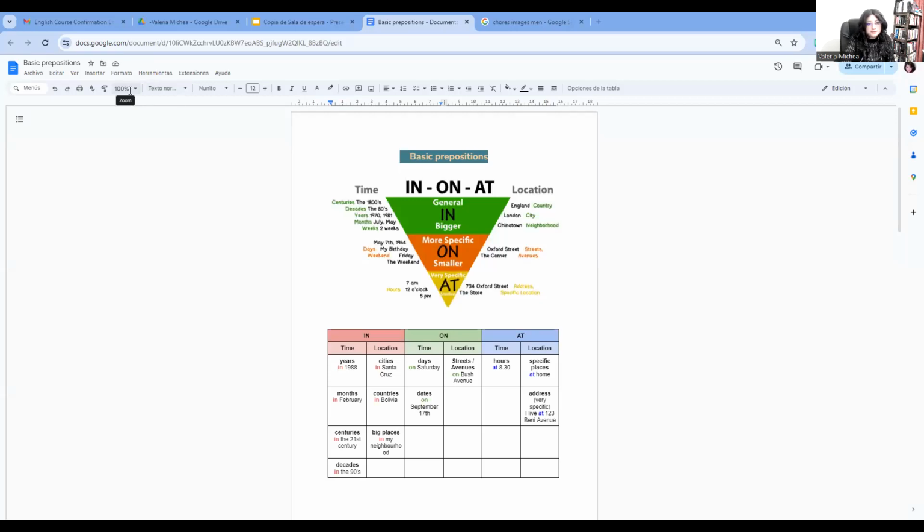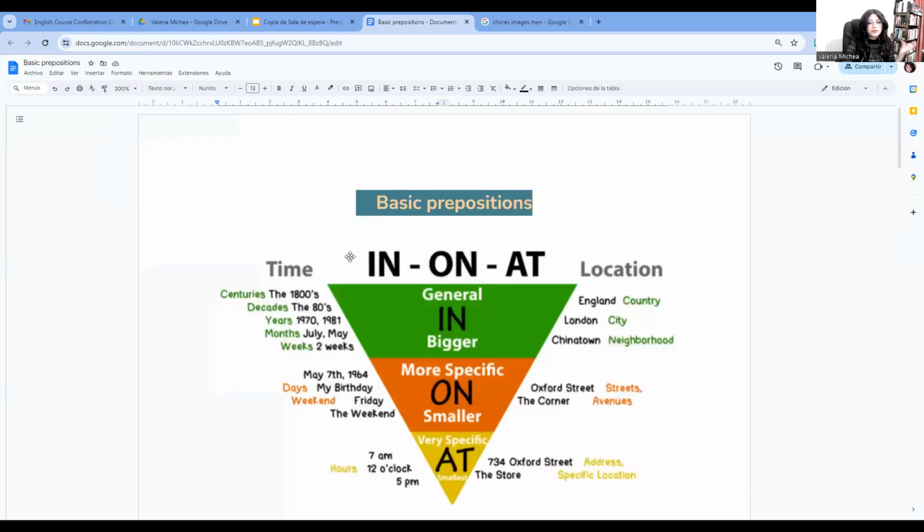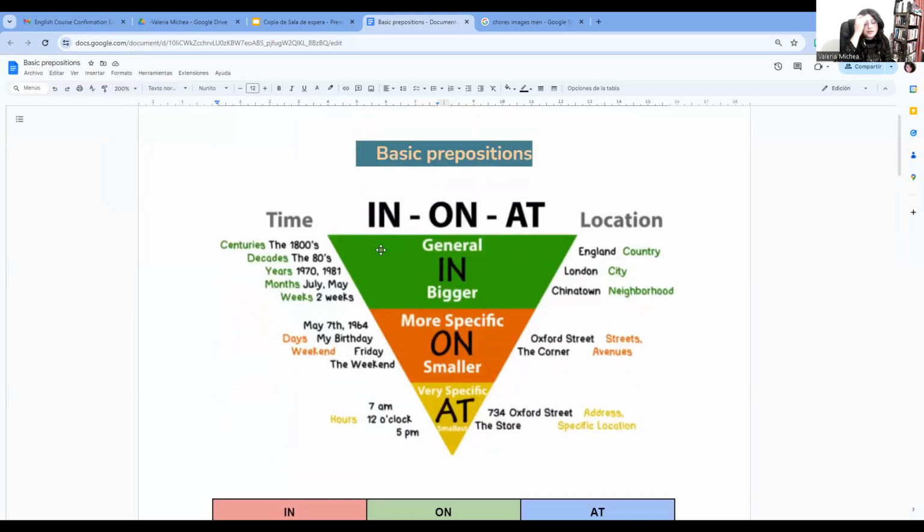So this is just a general review. As I told you, I'm not going to talk about this all over again, but let's make a review. So we use in, on, at for time and for location. When you talk about time and you want to use the preposition in, it is because you are talking about long periods of time, like centuries, decades, years, months, weeks, etc. The same is going to happen with location.